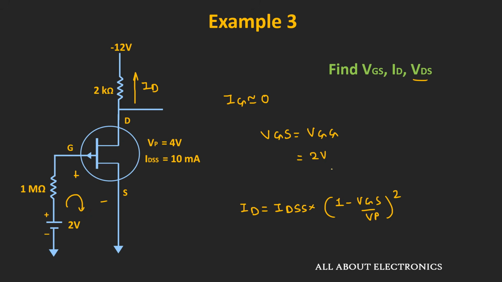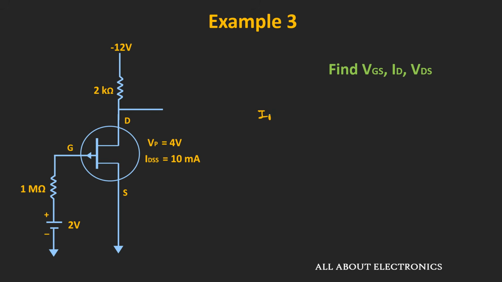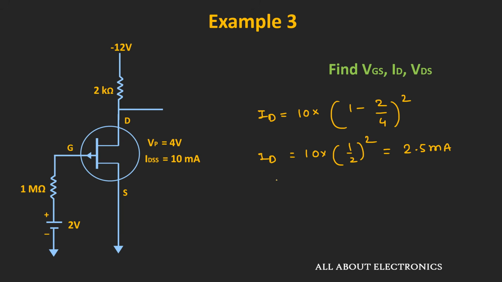So ID will be equal to 10 times 1 minus 2 divided by 4 whole square, that is 10 times 1 by 2 whole square. That means the drain current ID will be equal to 2.5 milliampere.